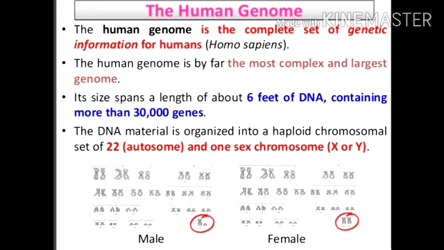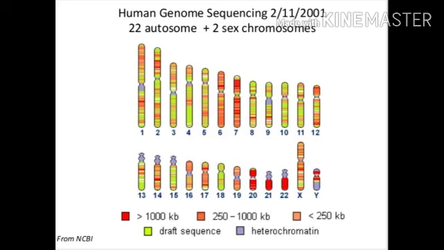The DNA material is organized into a haploid chromosomal set of 22 autosomes. There are 23 pairs of chromosomes; out of these 23 pairs, 22 pairs are autosomes and one pair is the sex chromosome, which differs in male and female. In the male there is X and Y, and in the female it is XX.